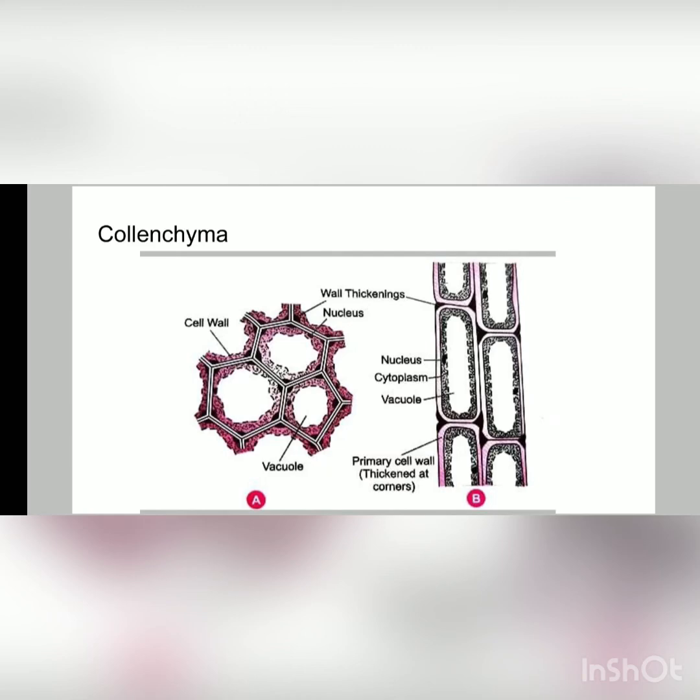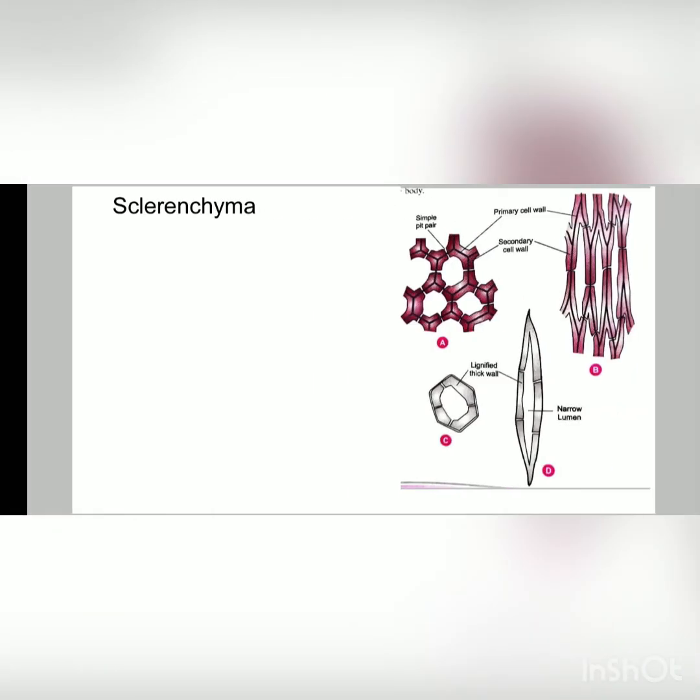Now these are the structures showing sclerenchymatous cells. No cytoplasm and nucleus is present in this, and the cell walls are very thick. A shows the section of the plant which is transverse section group of cells, and in B it is showing longitudinal section.